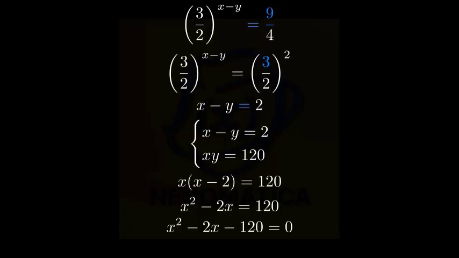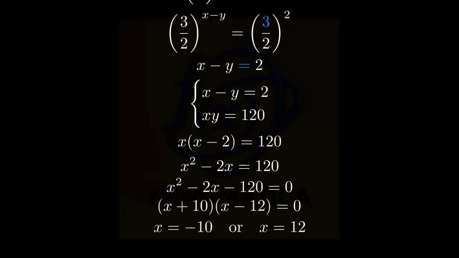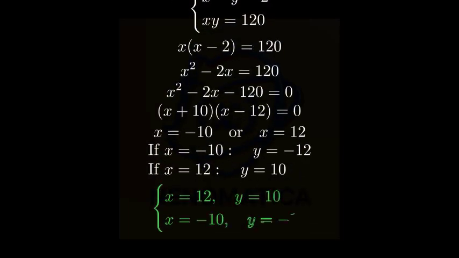We can factor this as x plus 10 times x minus 12 equals 0. So either x equals negative 10 or x equals 12. When x equals negative 10, we get y equals -12. And when x equals 12, we get y equals 10. Therefore, our final answer is x equals 12 and y equals 10, or x equals -10 and y equals -12.